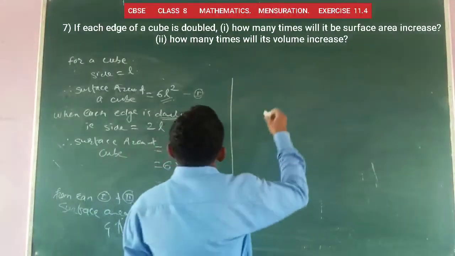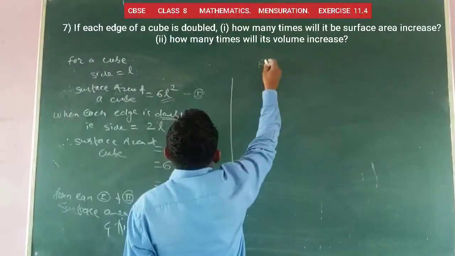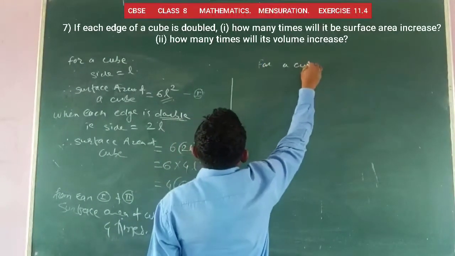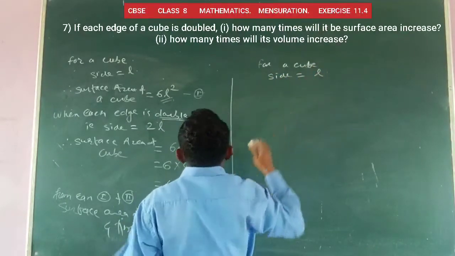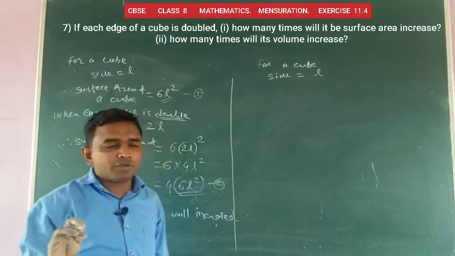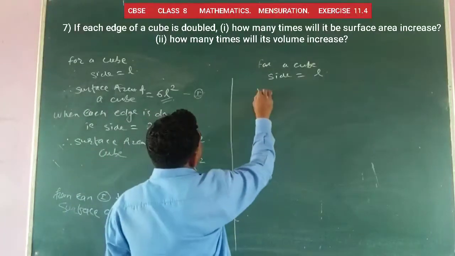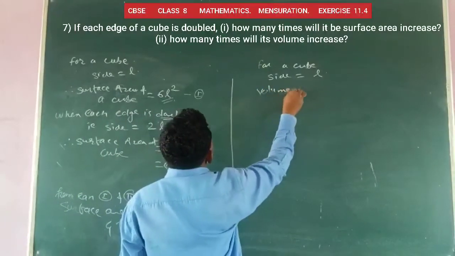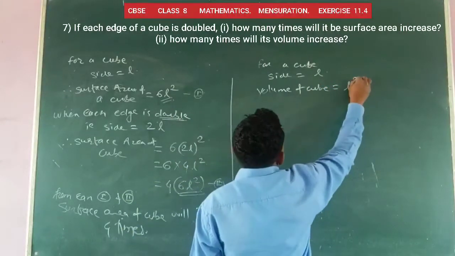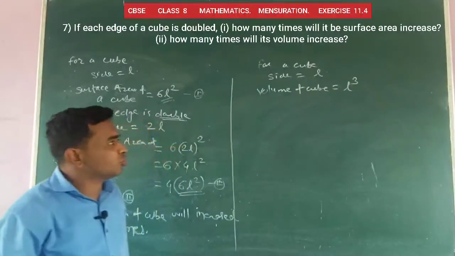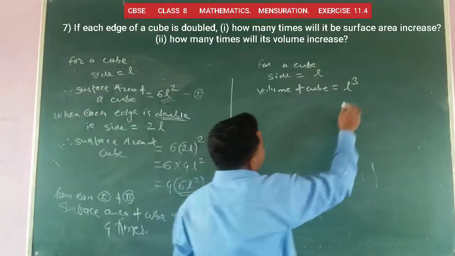Now again for a cube, consider the side equal to L, but this time we have to calculate the volume. The first formula: volume of a cube is equal to L cube, given as equation number 3.